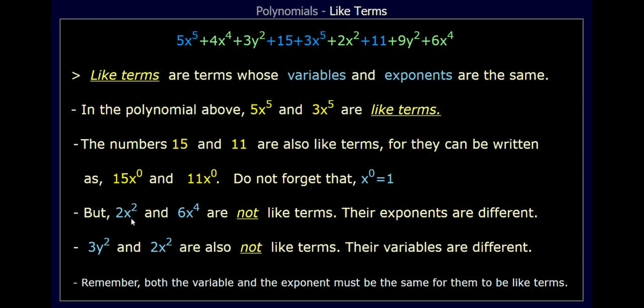And then we found some that aren't the same. Here I have two that both have the same variable, but the powers are different. I have a couple here that have the same power, but the variables are different. So remember, both the variable and the exponent must be the same.